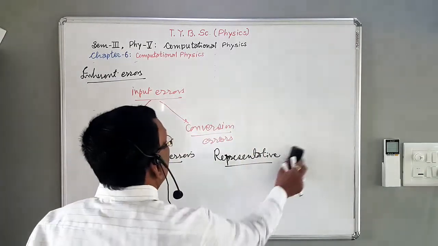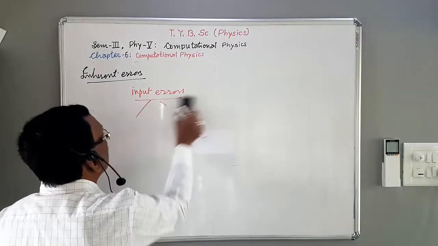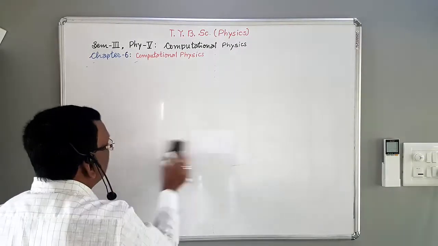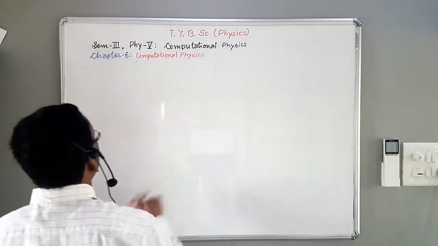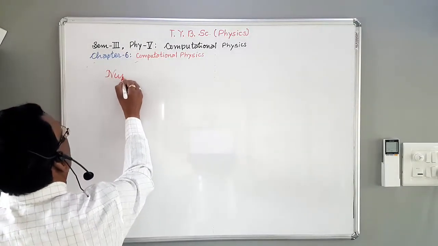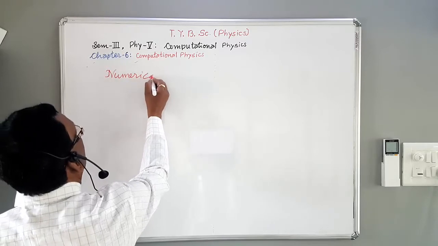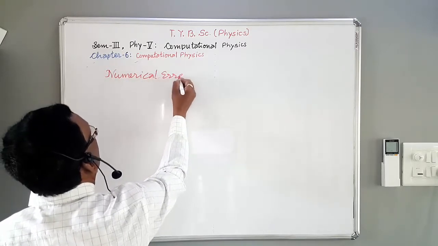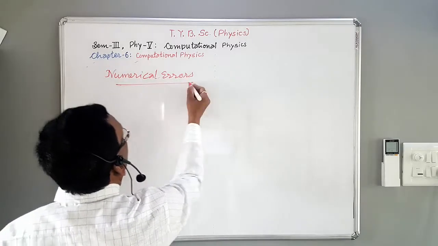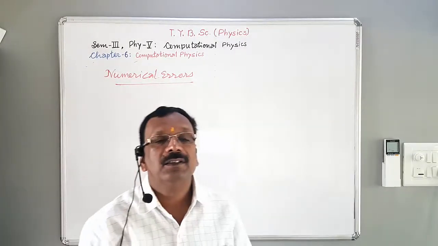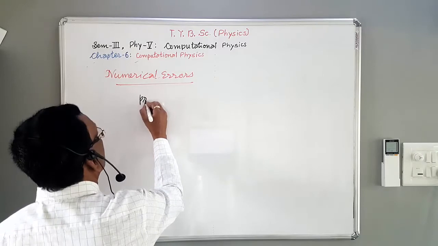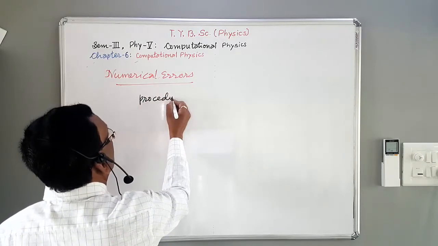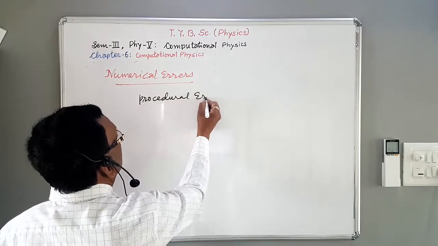Now we are going to see the next type of error, numerical error. These errors are also known as procedural errors.